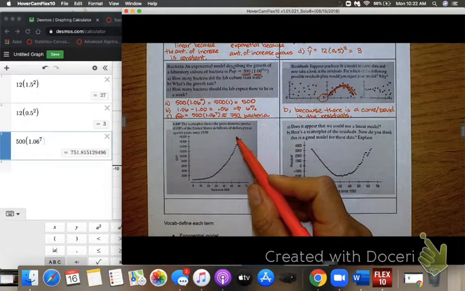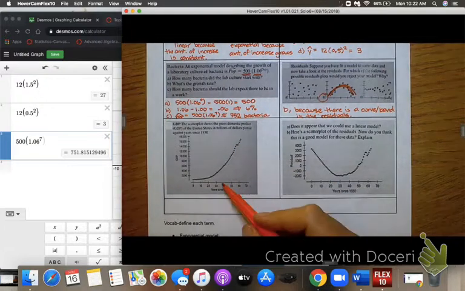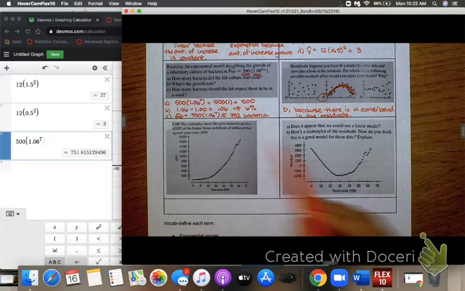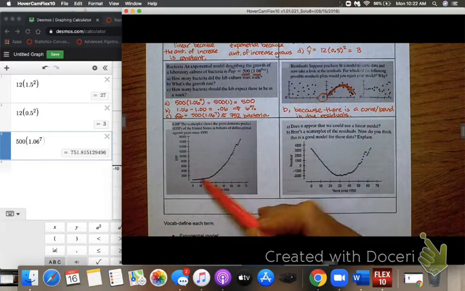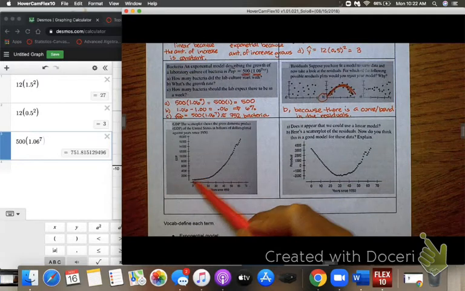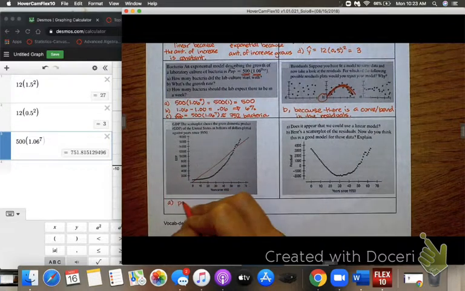The first question says, does it appear that we could use a linear model? Looking at this, possibly I could fit a linear model there. So for part A, possibly we could use a linear model.